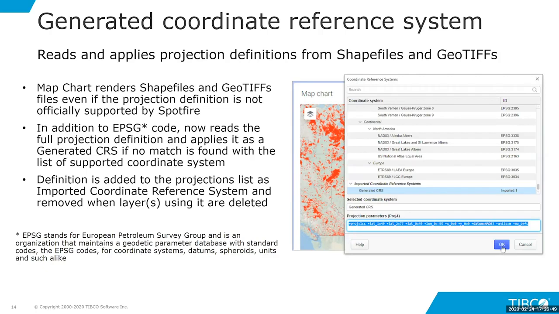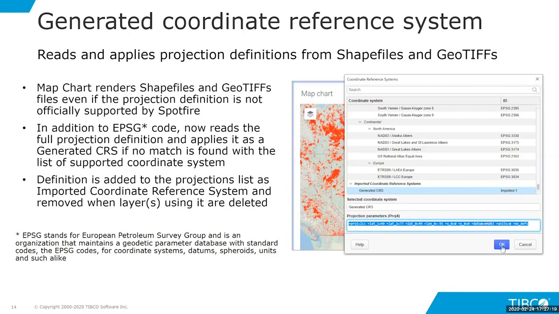Spotfire 10.8 also implements the ability to generate the coordinate reference systems from shapefiles or geotiffs in case it doesn't have the EPSG code. So EPSG is a standard way of expressing which coordinate reference system is actually used.